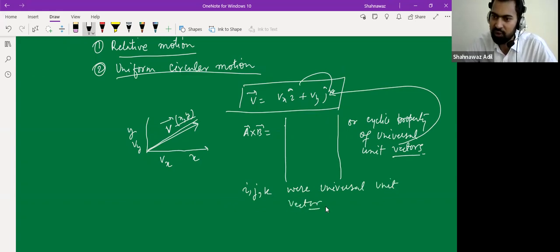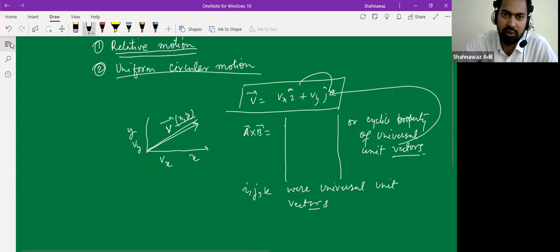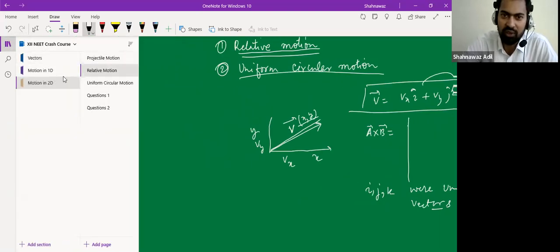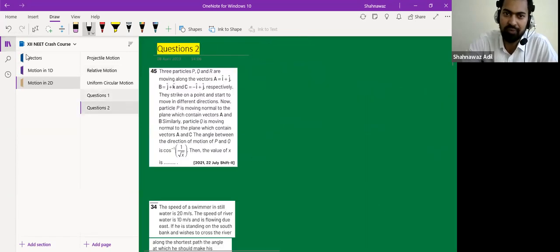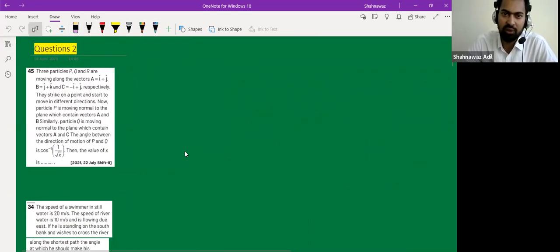So before I do the relative motion, let's just do a question to memorize or to revise the vector part. Okay, so three particles P, Q, and R are moving along the vectors A, B, and C, right?